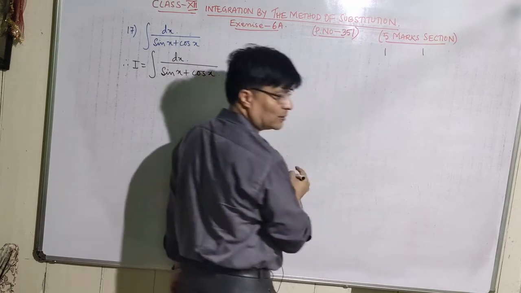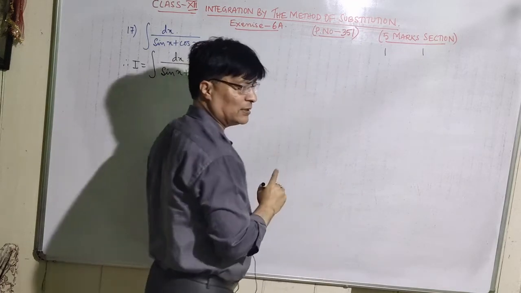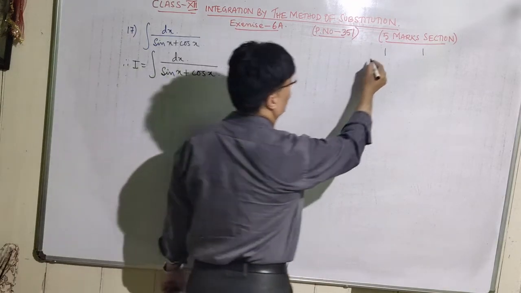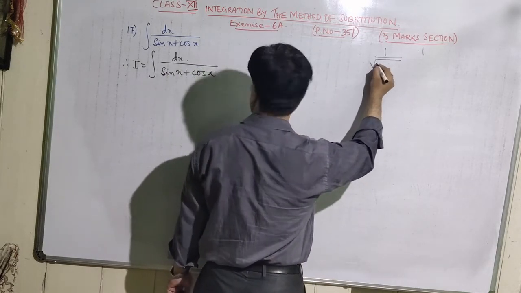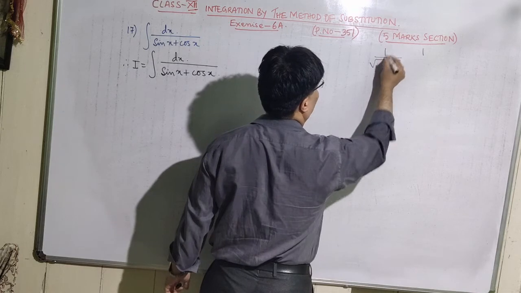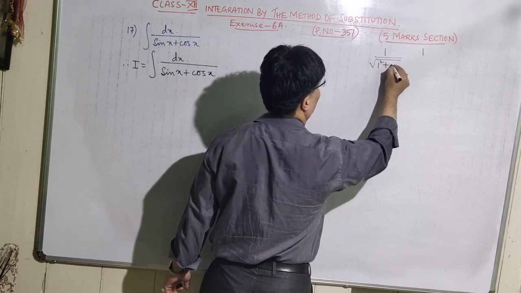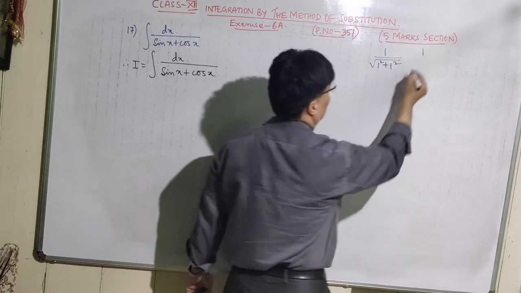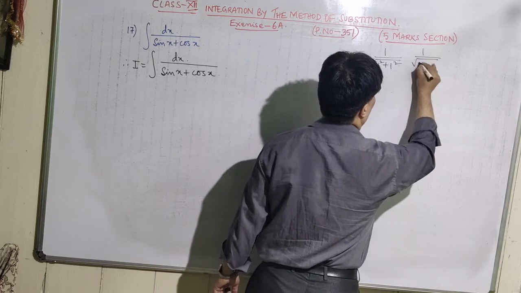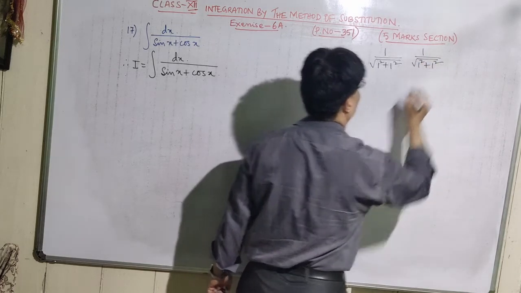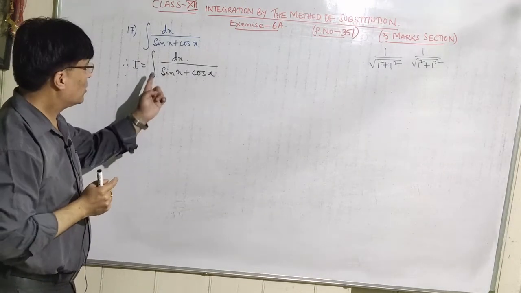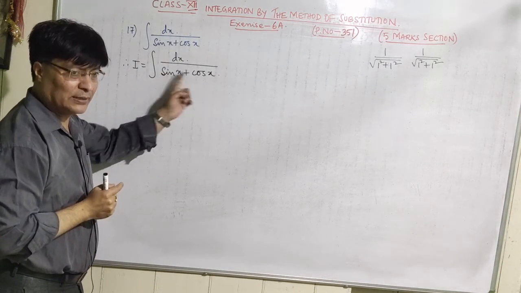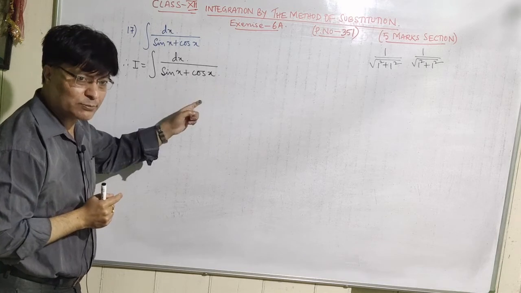That is also 1. So you have to divide the coefficient by root over a square plus b square. Here a is 1 and b is also 1, so 1 divided by root over 1 square plus 1 square. That is, you have to divide both these coefficients by root over a square plus b square.